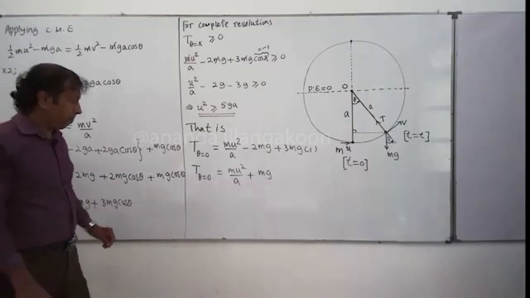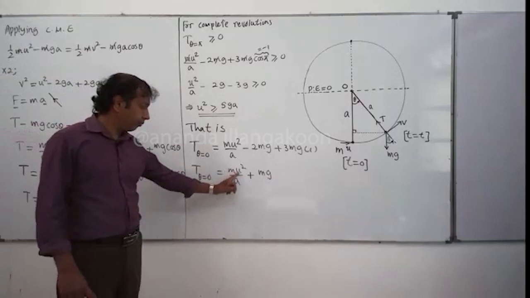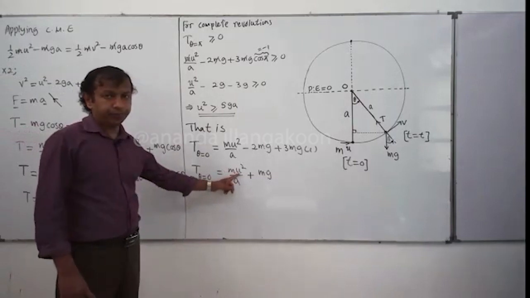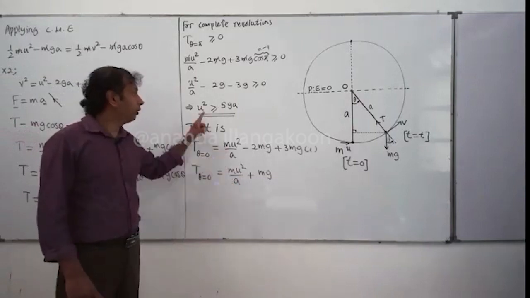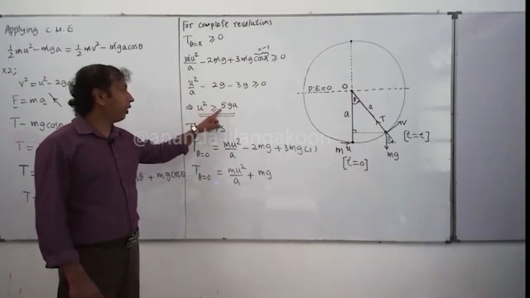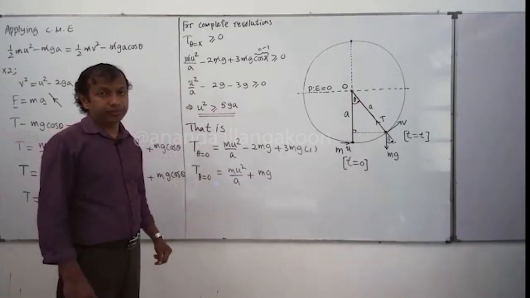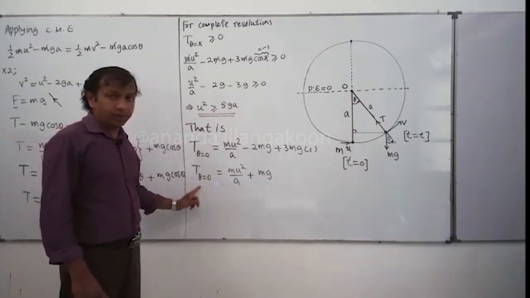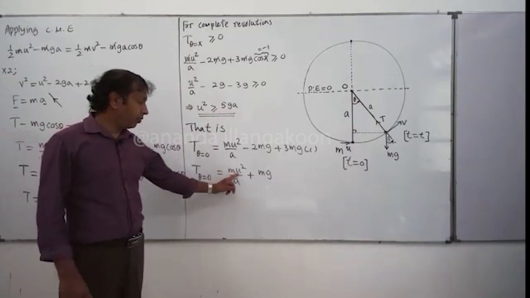Now, the tension value has U squared, but our U squared is greater than or equal to 5GA. Again, this tension at theta equals 0 depends on this U squared.